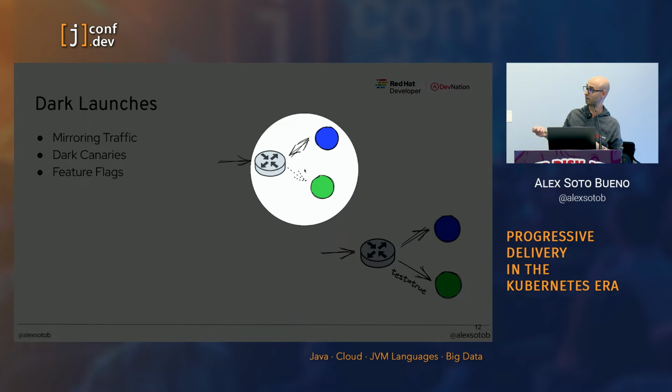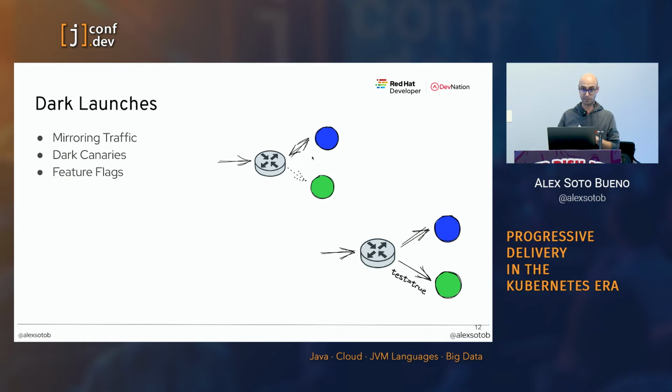Mirroring traffic is this one. Basically, what we are doing is I have both versions on my production cluster, the green and the blue. The blue is the old one. And when I send a request, I send it to both the blue and the green. Now, both services receive the request, process it, and send a response.